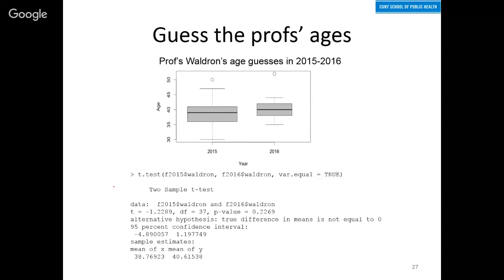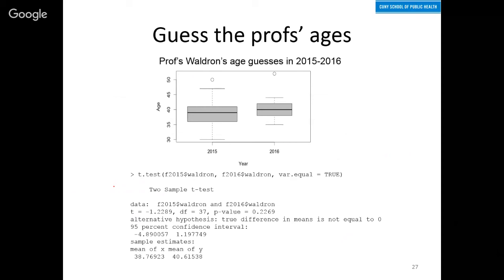Okay, let's do another hypothesis test. This is one because I have data from last year as well. I took the data from last year's class and took all of their point estimate guesses for my age and compared them to your guesses of my age and plotted them. My null hypothesis here is that I'm immortal and I'm not aging.